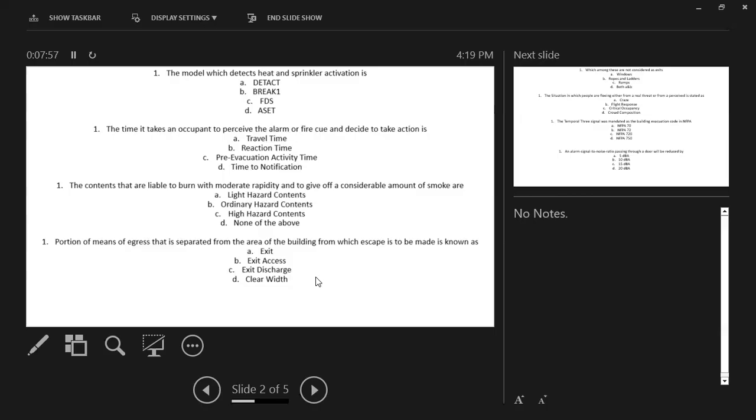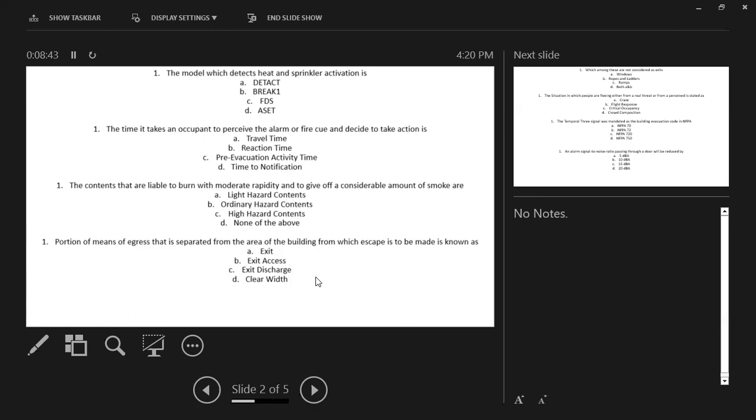Next question. The portion of means of egress that is separated from the area of the building from which escape is to be made is known as? Remember the punch words. Where is the pathway here in the statement? There is no pathway here, right? The punch words: portion of means of egress that is separated from the area of building, from where the escape is to be made.